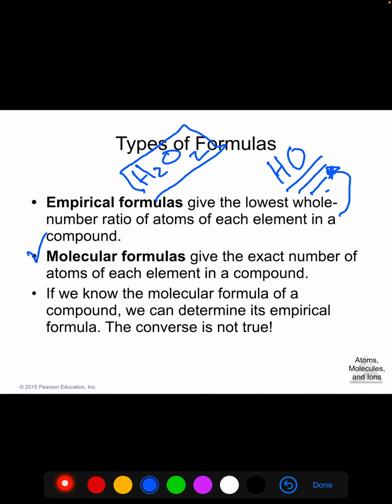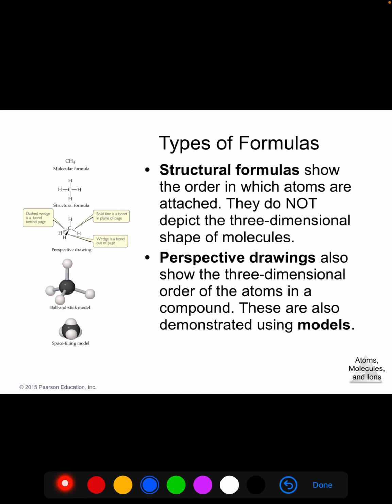So if you know the molecular formula of a compound like H2O2, you can determine the empirical formula, but the reverse may not always be true. This was really important when people were determining formulas and chemical compositions of different sugars.